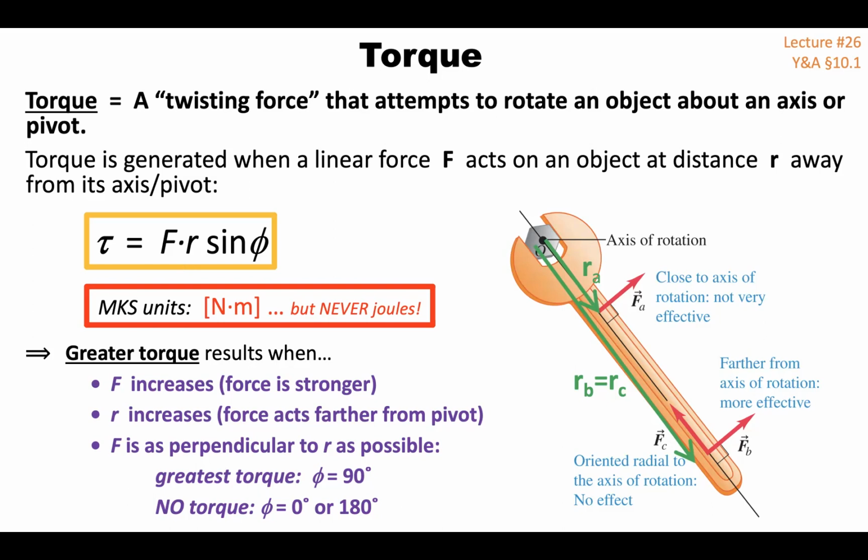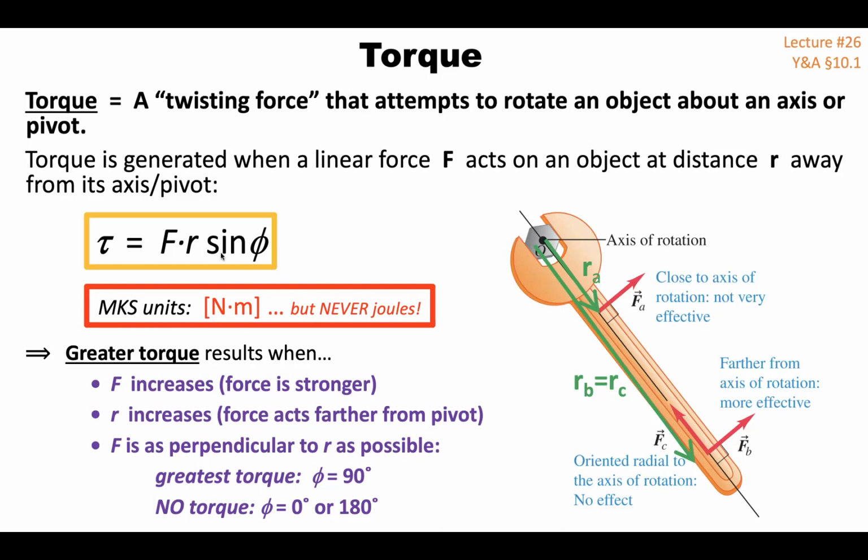Please see our textbook chapter if you'd like to see more about that. In other words, if we apply the force farther and farther from the intended axis of rotation, we get more and more torque. That's why we put doorknobs as far as possible from the hinge of a door. That way you get the maximum possible torque when you apply a force to the doorknob.